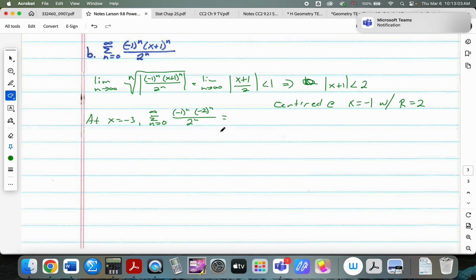Which, well, if you think about negative 2 to the nth as being negative 1 to the nth times 2 to the nth, I could cancel out the 2 to the nths, and I'll have the summation as n goes from 0 to infinity of negative 1 to the nth times negative 1 to the nth.